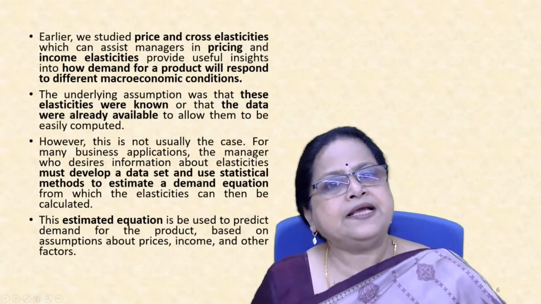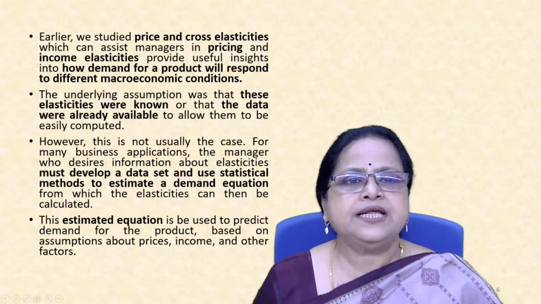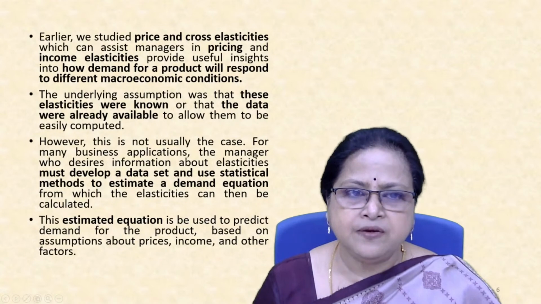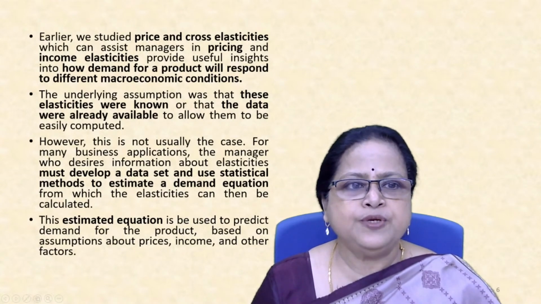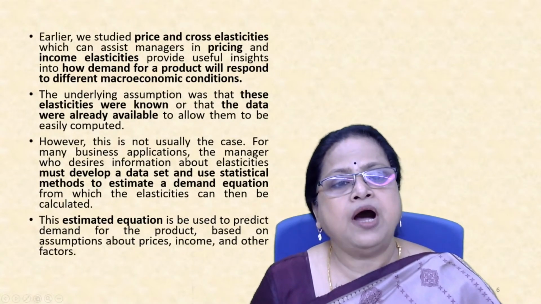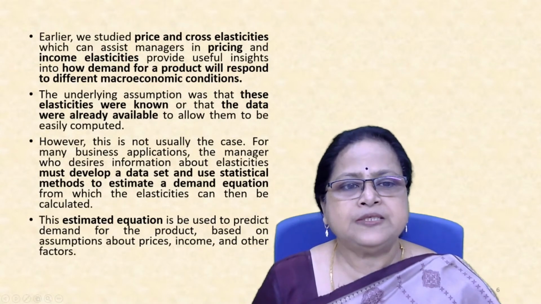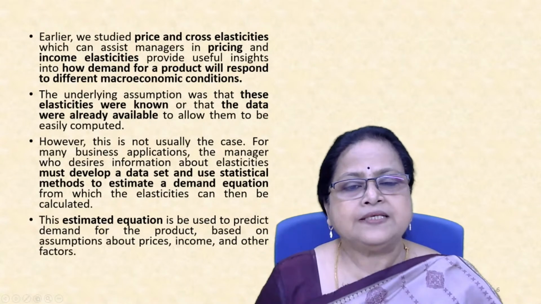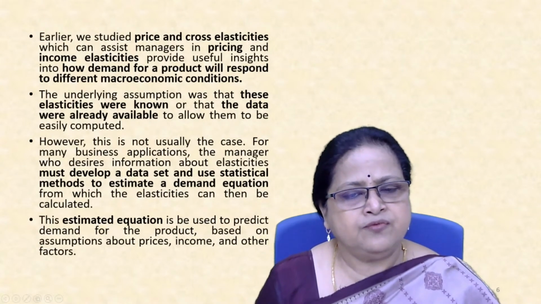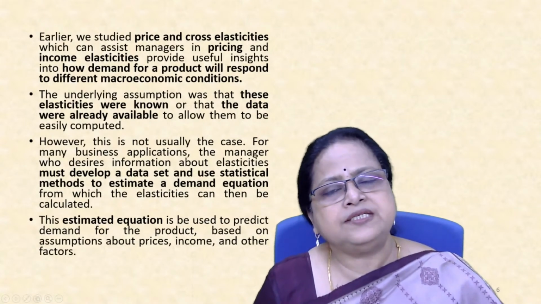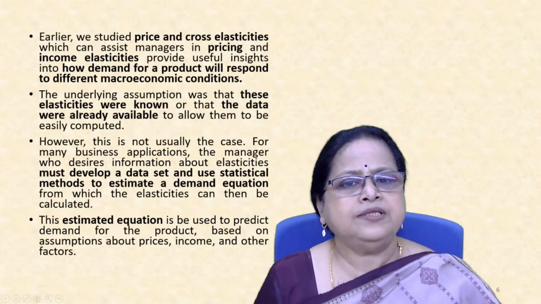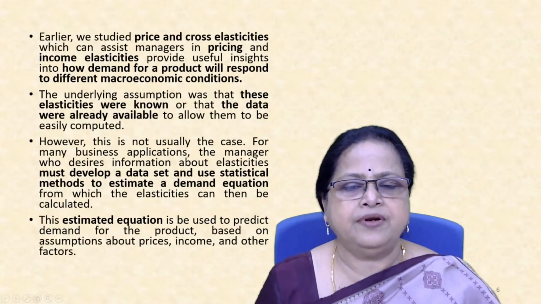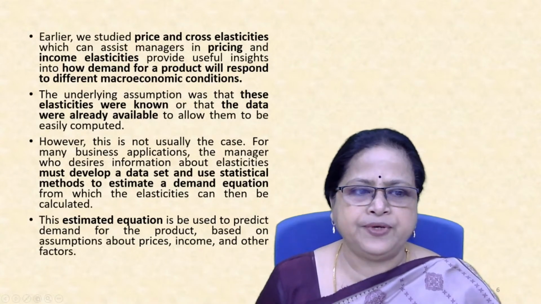Earlier, we studied price and cross elasticities, which can assist managers in pricing, and income elasticity, which can provide useful insights into how demand for a product will respond to different macroeconomic conditions. The assumption was that these elasticities were known, or that the data were already available to allow them to be easily computed.